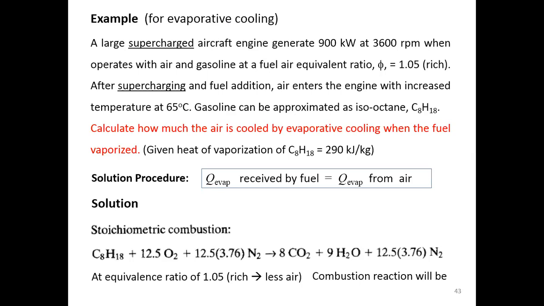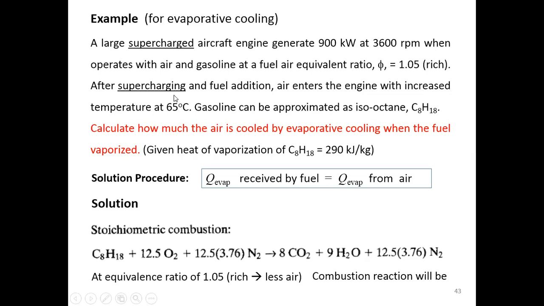The example talks about a large supercharged aircraft engine generating 900 kilowatts at 3,600 RPM when operating with air and gasoline at a fuel-air equivalent ratio of 1.05. So it's a rich mixture here.